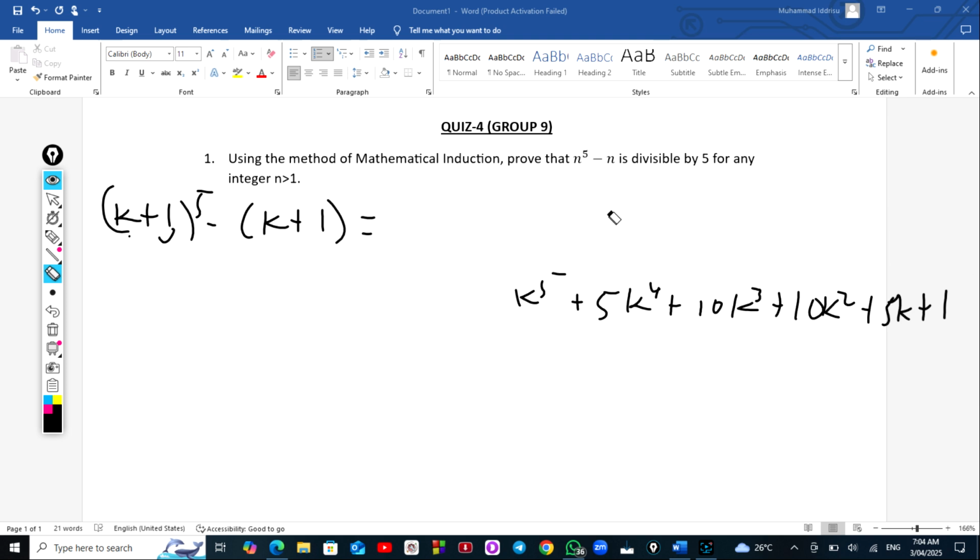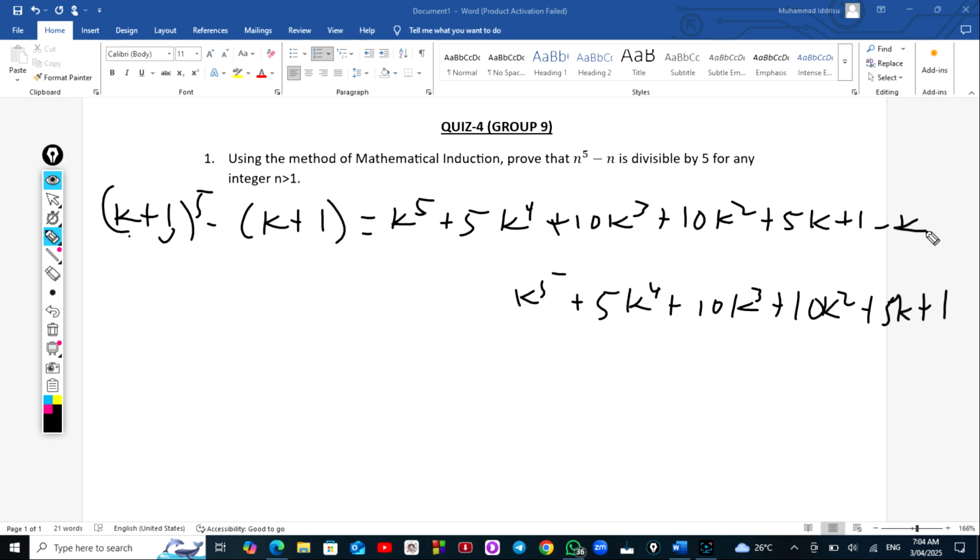So here we now know that k plus 1 to the power 5 is what? k to the power 5 plus 5k to the power 4 plus 10k to the power 3 plus 10k to the power 2 plus 5k plus 1 minus k minus 1.